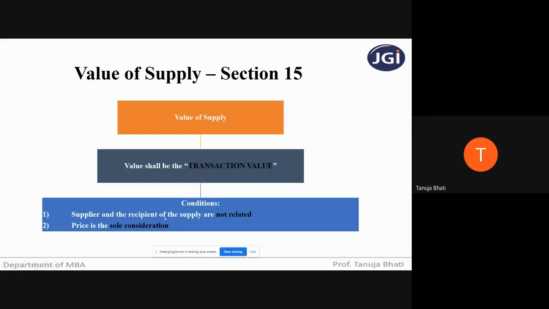So if these two conditions are met, then only the value will be the transaction value, provided the supplier and recipient are not related. When I say not related, it means they shouldn't be related to each other.